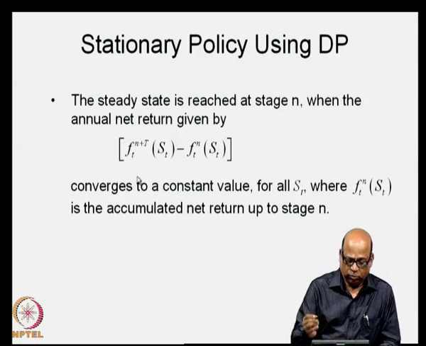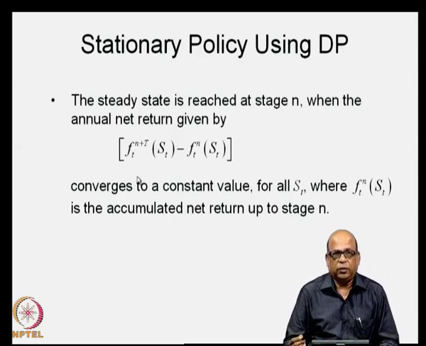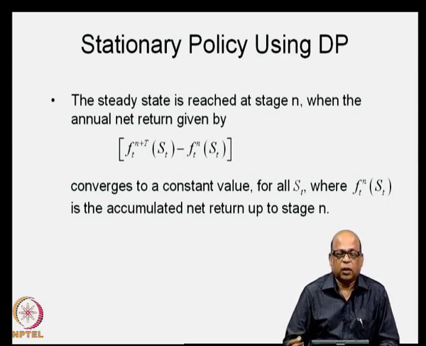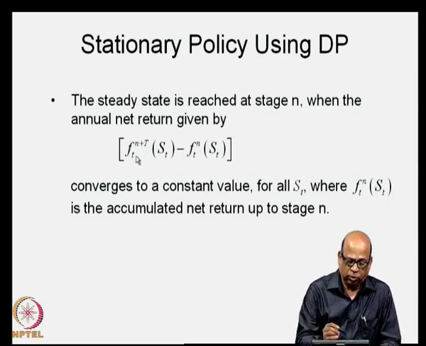I request you to refer to lecture number 16 and 17, where we have discussed this algorithm, and these notations are all introduced there. So, this is the accumulated system performance at particular stage, n plus t is the stage here, and S t is your storage at the beginning of the time period t, and this is the state variable.